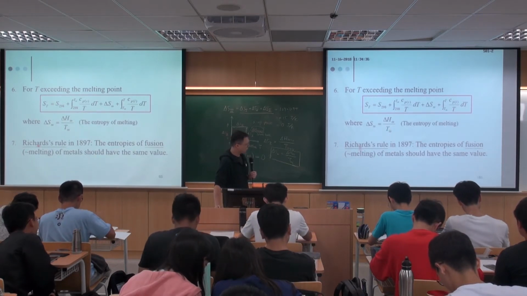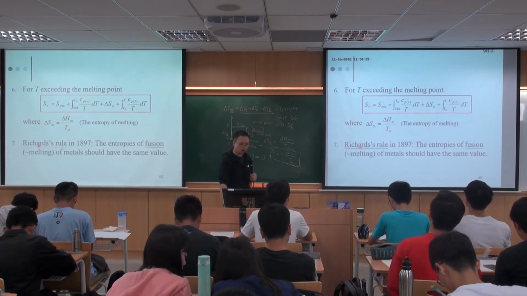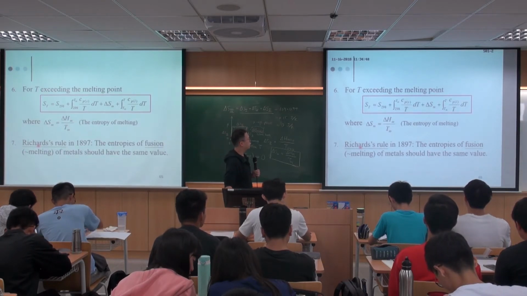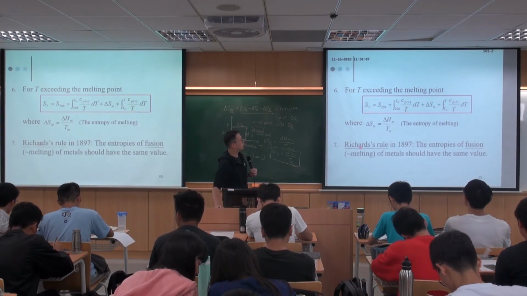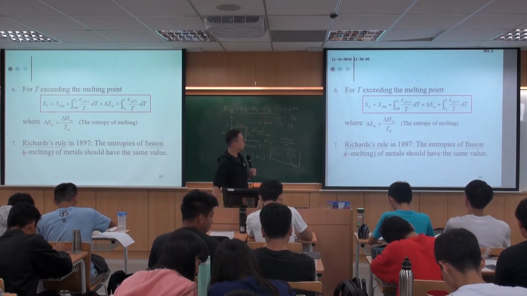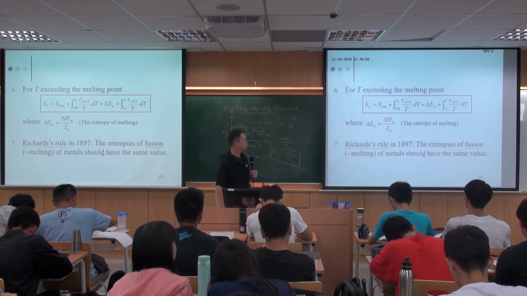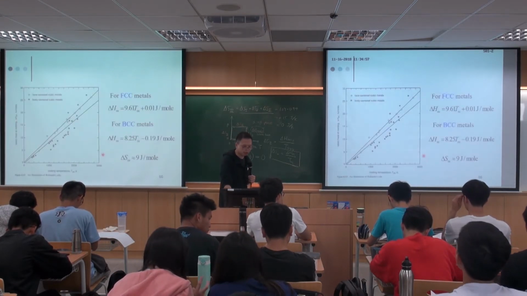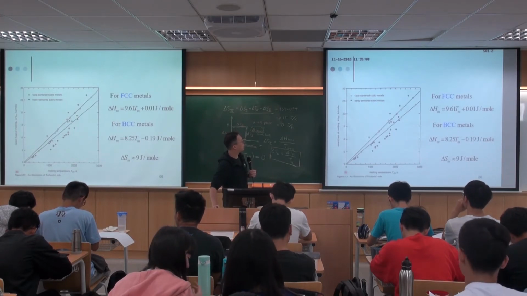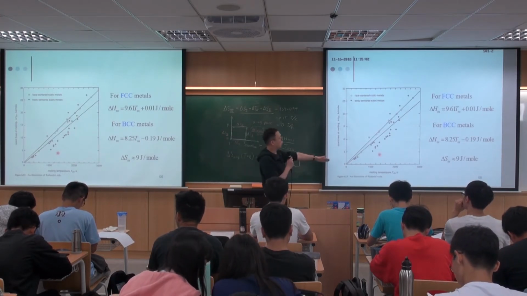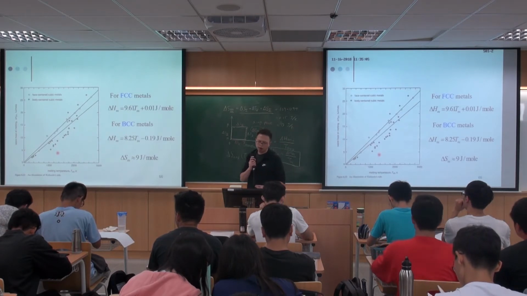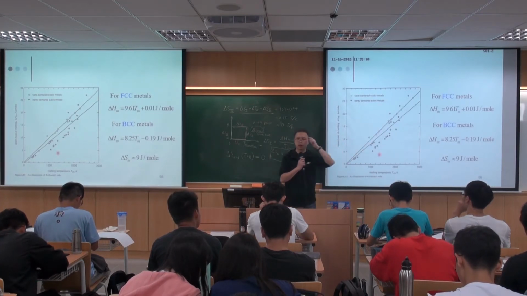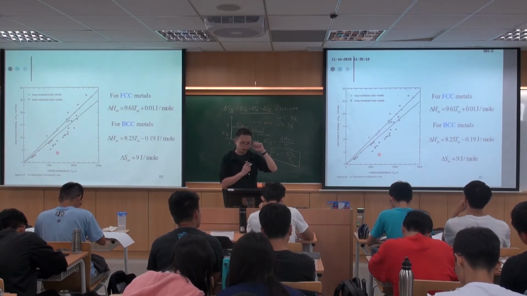So there are some postulations, again, on what this value should be. Richards' rule, based on some observation from the experimental values, states that the entropies of fusion or melting of metals should have the same value. This is actually a very rough estimation, because if you look at the experimental data, you'll see that it's pretty scattered. Although the linear trend seems to be valid, you can also see that the deviations from this straight line are by a huge amount.